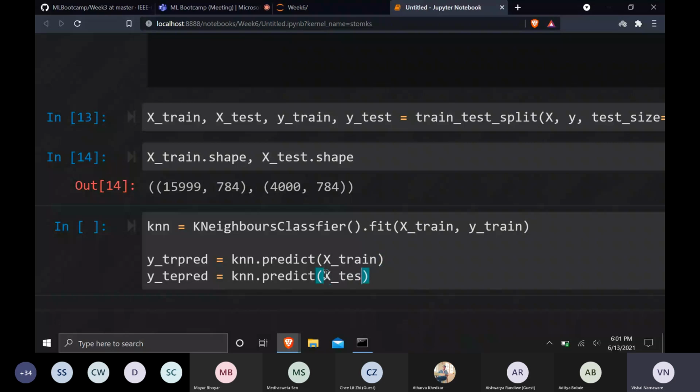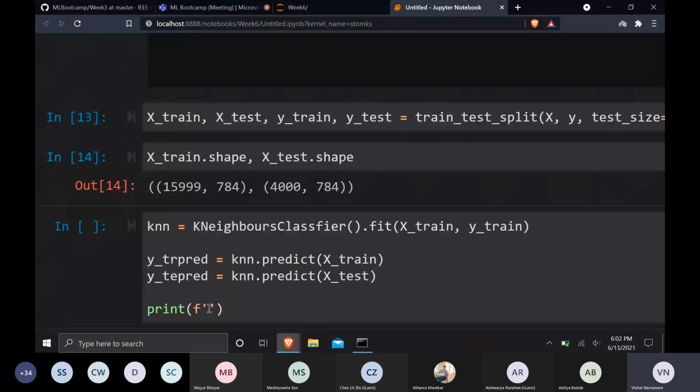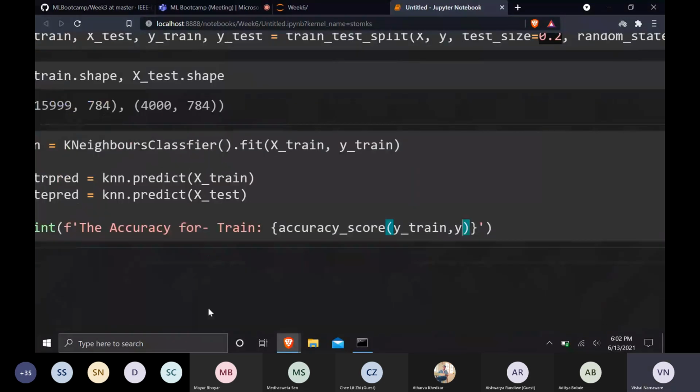And after that, we are going to print the accuracy score. And again, I'm going to use that funny notation, the f-string. So the accuracy for train is accuracy_score of y_train and the prediction that you made, y_pred_train.